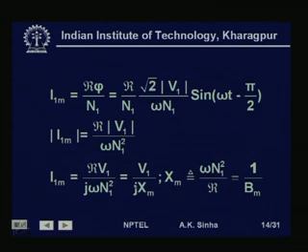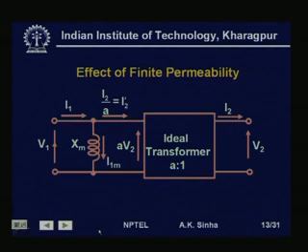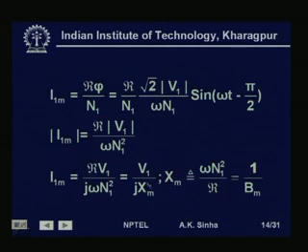That is what we will see here: I1m is equal to V1 by jXm. So, Xm can therefore be defined as omega N1 square by reluctance R. This we can also write as 1 by Bm, where B is the susceptance and X is the reactance.